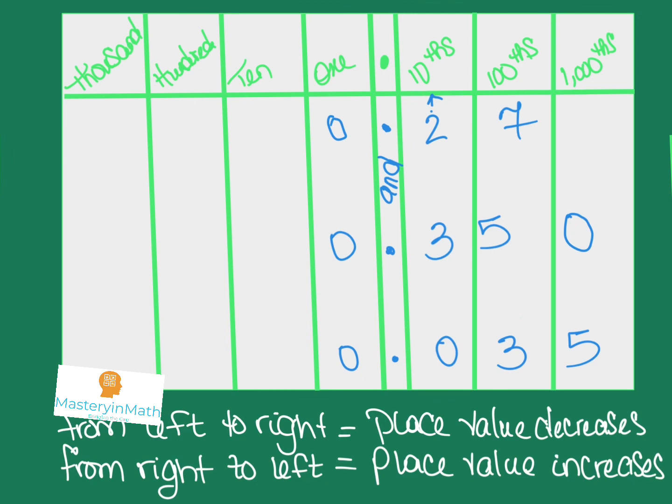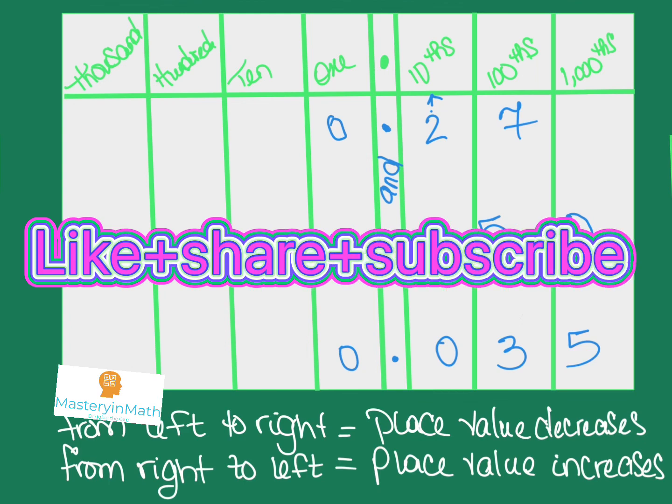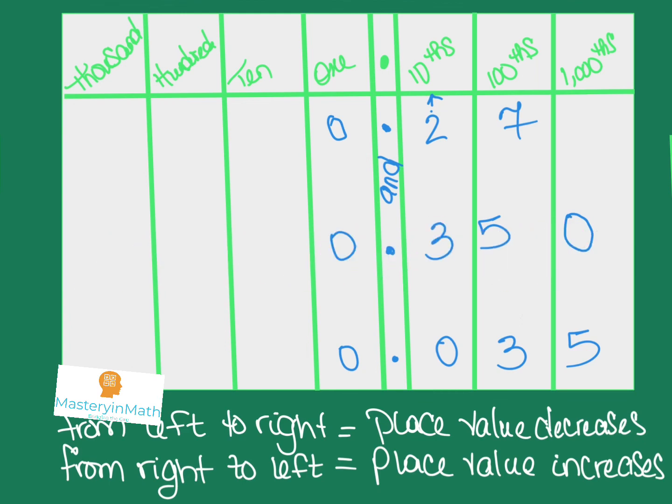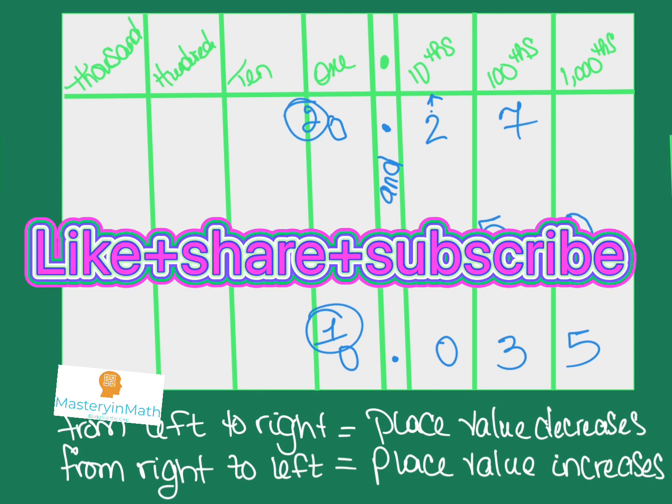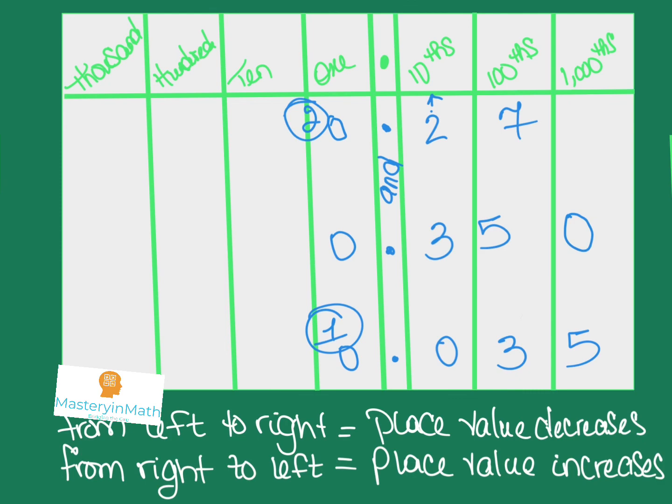Once you find something that is less or greater, no matter where you are, you can stop there and then you can compare them. So you can say that 35 thousandths is going to be the first, the least. 27 hundredths is going to be the second one that's less.